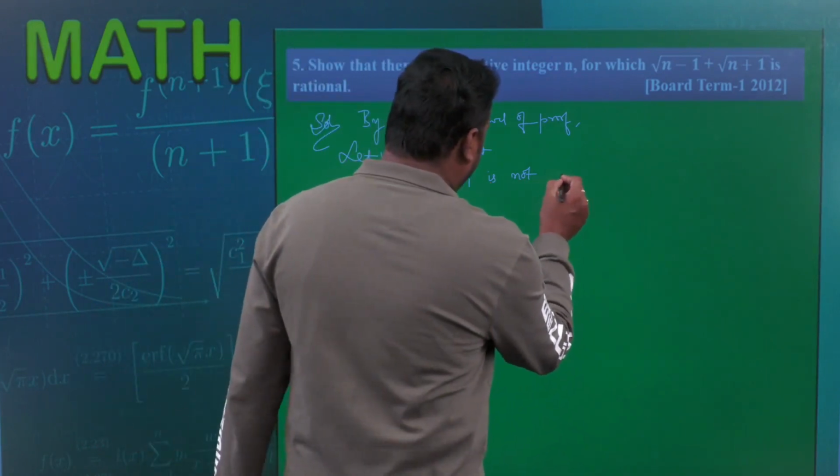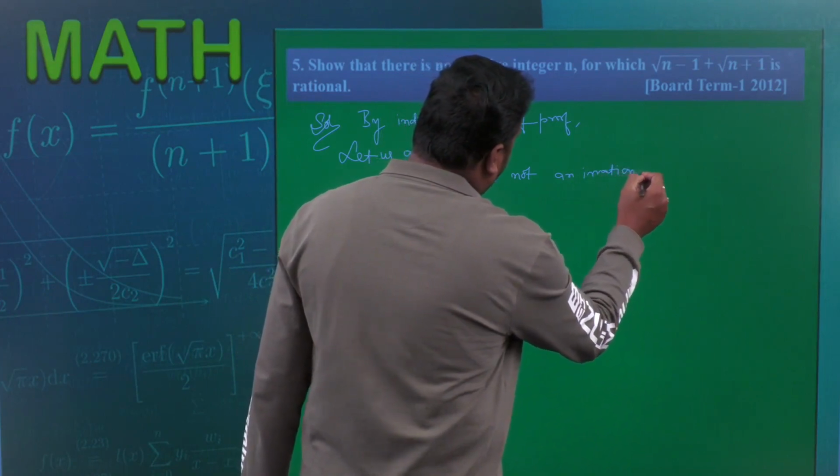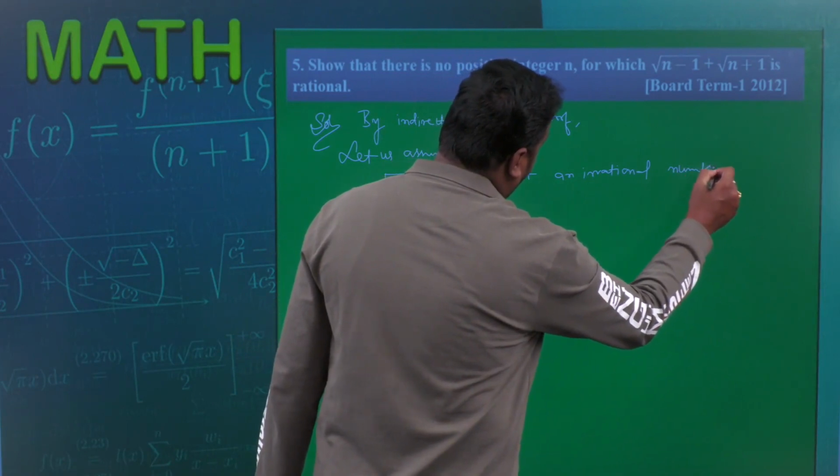So it is not an irrational number. So since it is not an irrational number, then it should be a rational number.